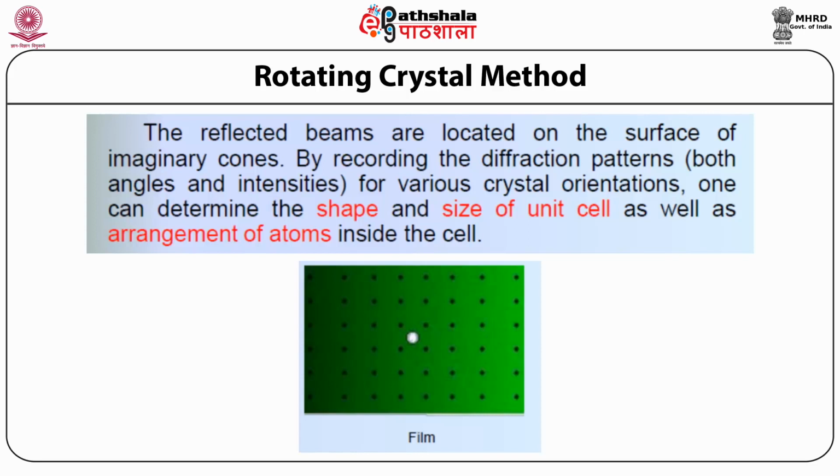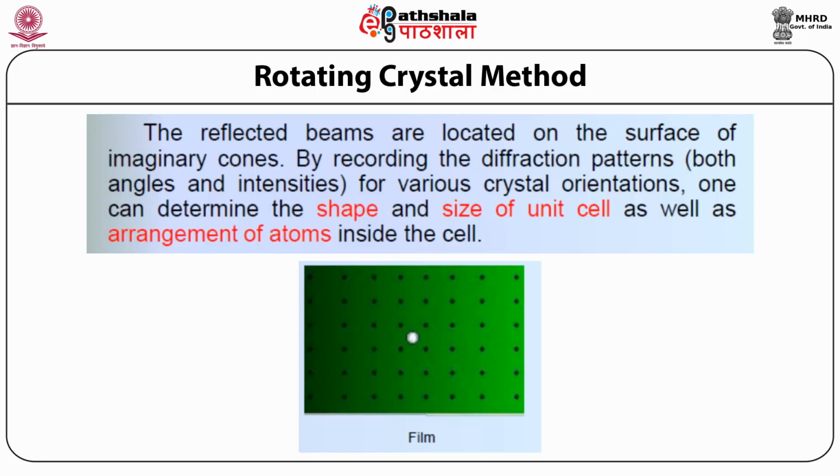So the best way is to put it in the X-ray and rotate it, and for a given angle record the spectrum, and that spectrum will help us understand along which axis you have a larger unit cell, a larger lattice constant, along which direction you have smaller lattice constants, or in a way you can identify the symmetry of this crystalline structure using the rotating crystal method.